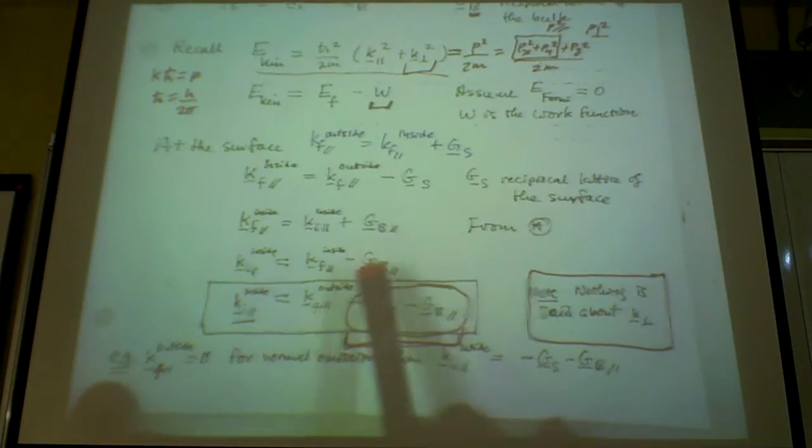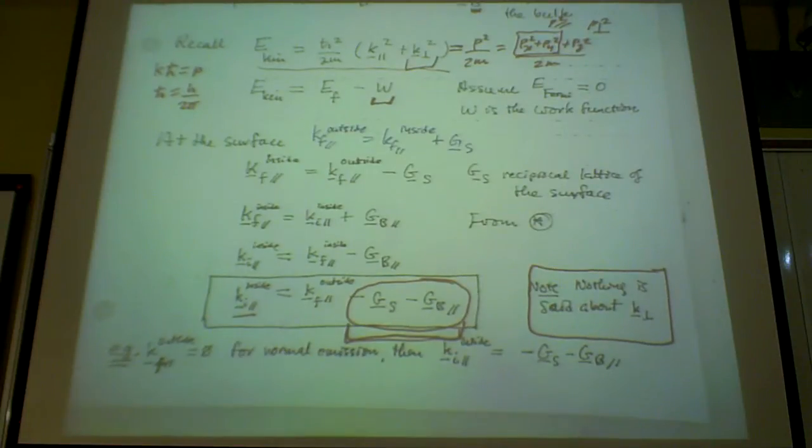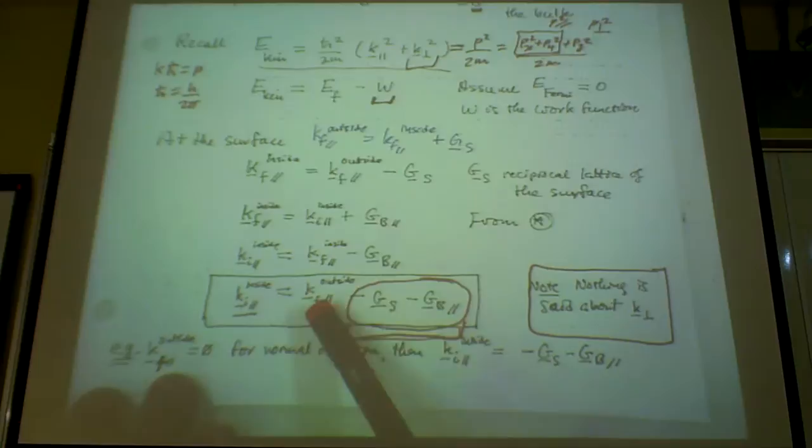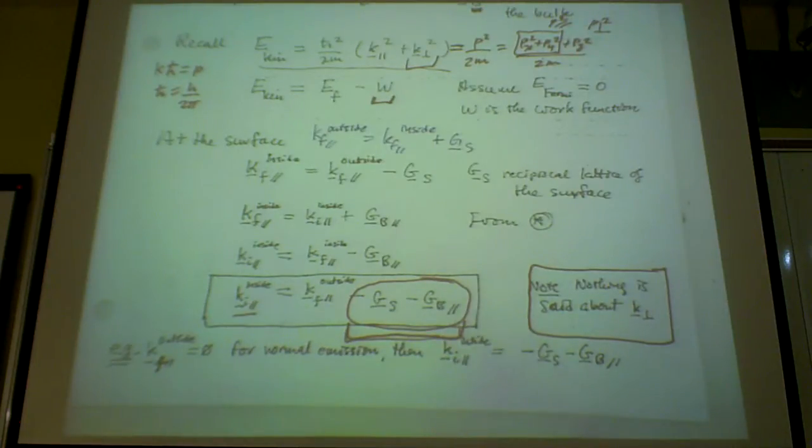So the only thing I want you to remember is that only the parallel component of your electron wave needs to be conserved. It is related by some integral of residual lattice spacing, which relates to the bulk, plus the parallel connection of the surface and the parallel connection of the bulk.